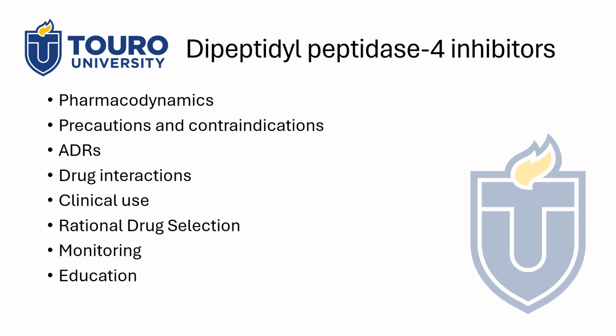And the first ones that were available were sitagliptin and vildagliptin. Okay, but Januvia is the one that we see most of the time, at least that's what I see. And these were approved by the FDA back in 2006. So they're new, but not so new.